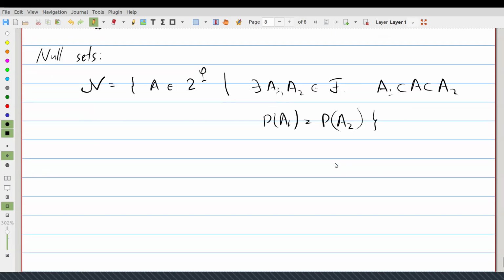So effectively, this is a set that can be approximated by real measurable sets, and those approximations have the same measure.